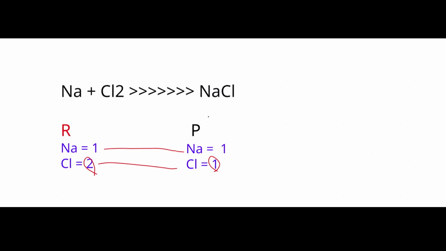So now sodium is balanced. It enters as one and exits as one. Chlorine is not balanced, so it enters as two but exits as one. So we need to convert these two into one. How can we do that? By writing half here.